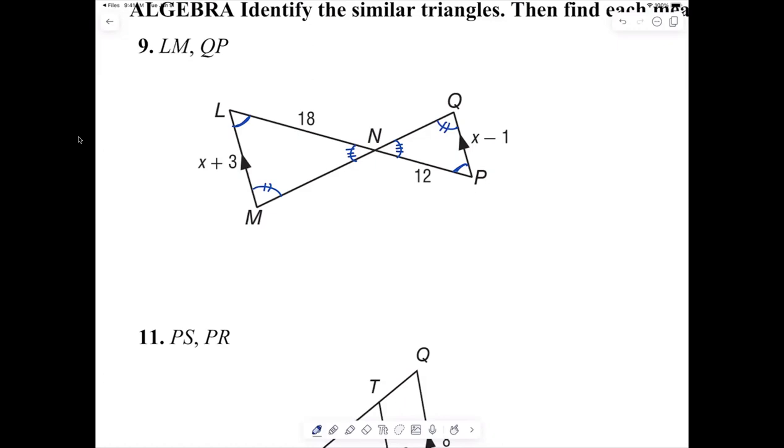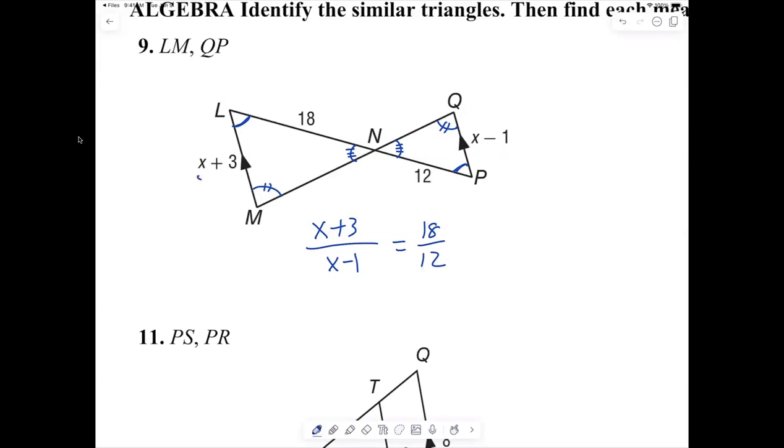Go. x plus 3, x minus 1. And then would it be 18 over 12? Yes, I like that. All right.